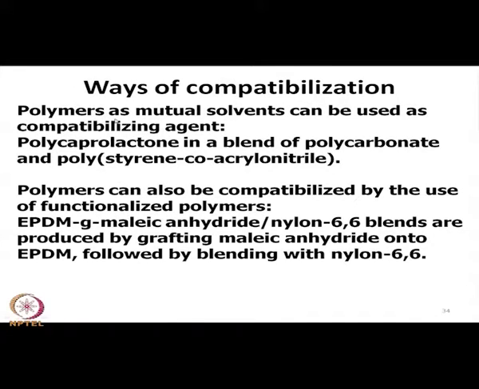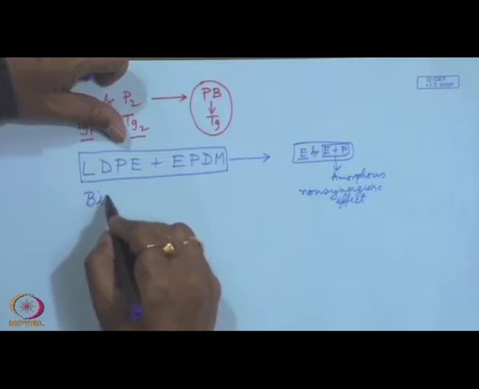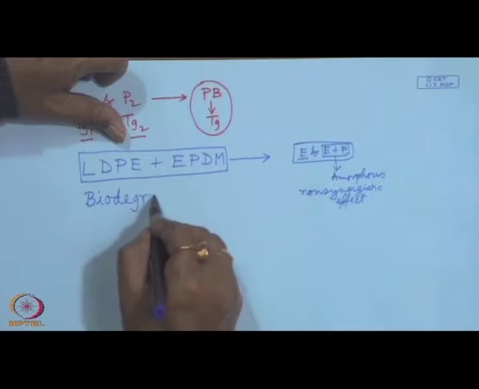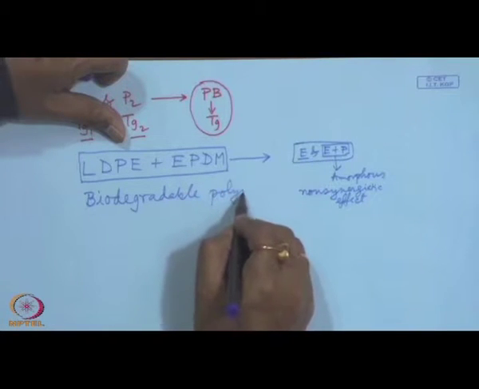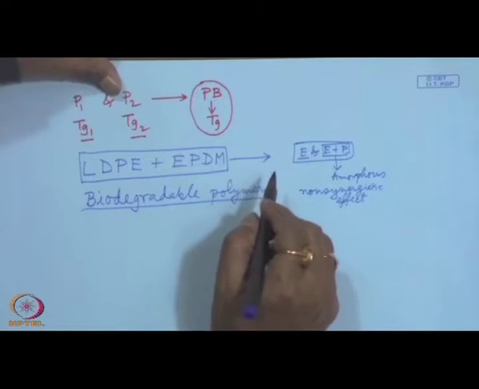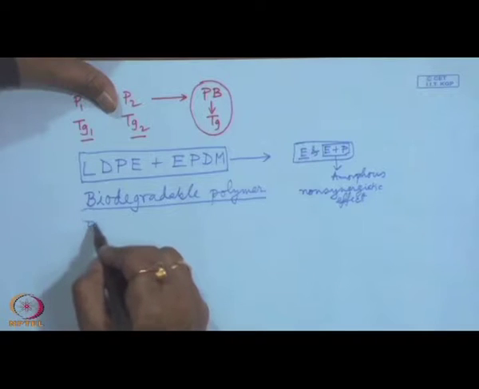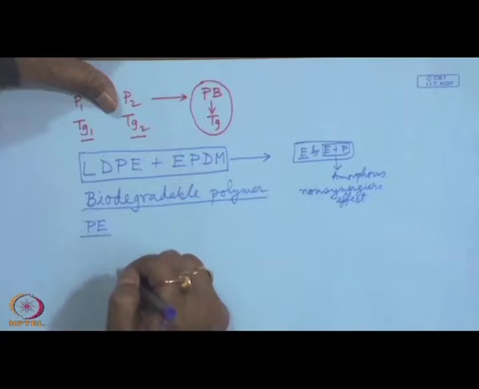Now, there are various ways of compatibilization. Let us discuss such compatibilization. Say, in case of biodegradable polymer, people tried to develop biodegradable polymer from polyethylene. As such, polyethylene is a non-biodegradable polymer.